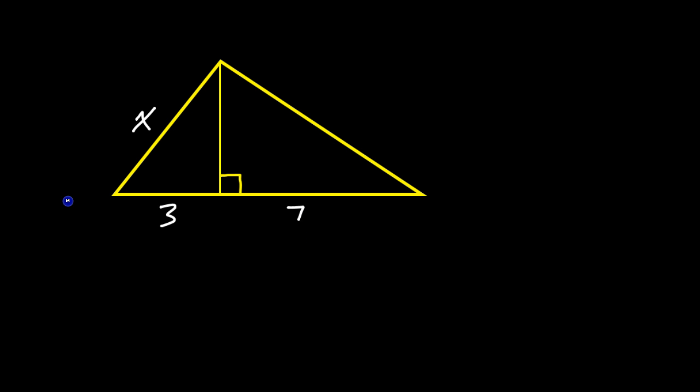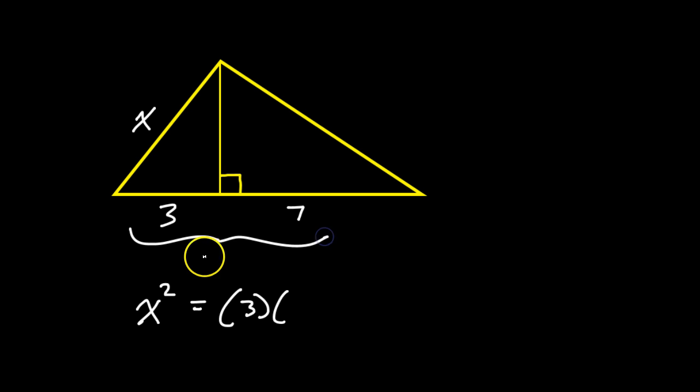The little formula said that the leg squared, so that would be x squared, should equal the part, part 1, the part that's with the leg, times the hypotenuse. Well, the hypotenuse is both of these put together, so the hypotenuse is 10. So the leg squared should equal part times 10, part times the hypotenuse.